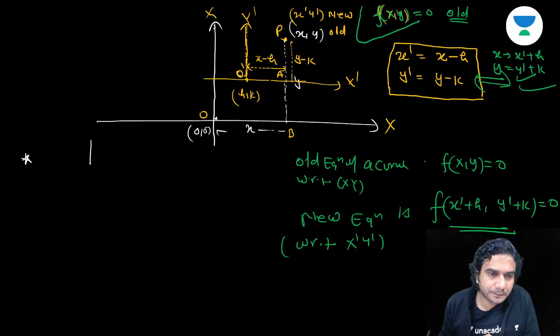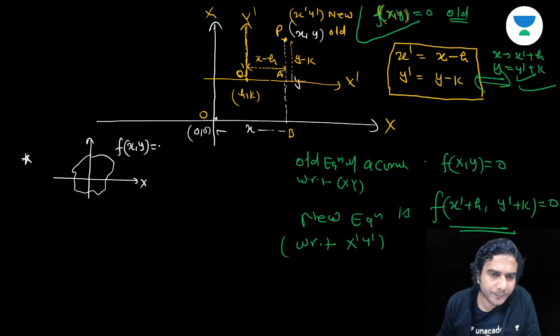See, suppose these are the coordinate axes, okay? This is a curve, say, you can take any curve, circle or anything. The equation of this curve is f of x comma y is equal to 0. Now you have shifted the origin.